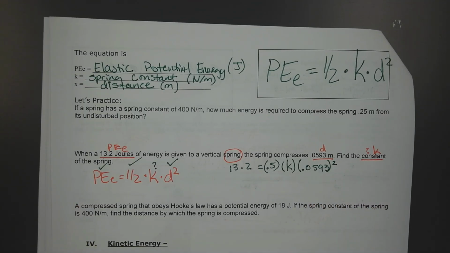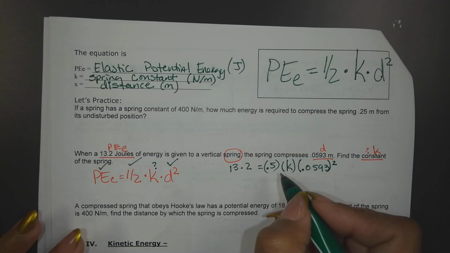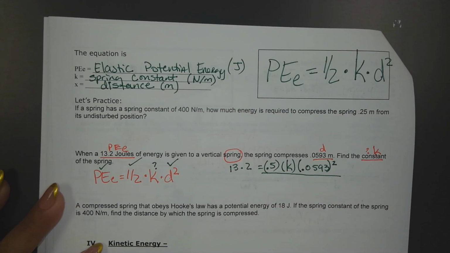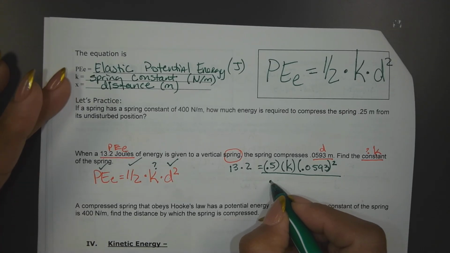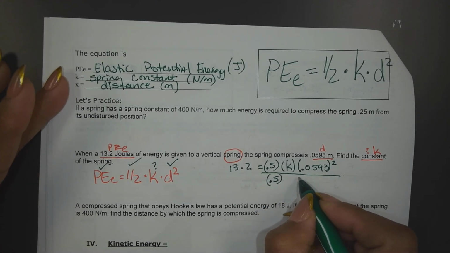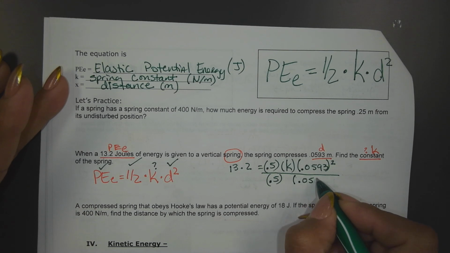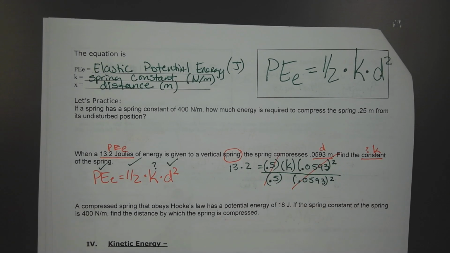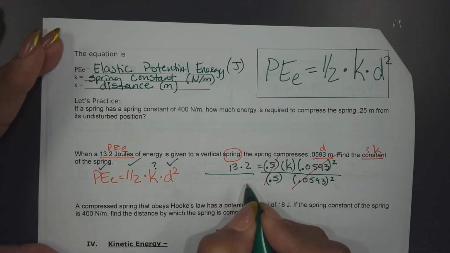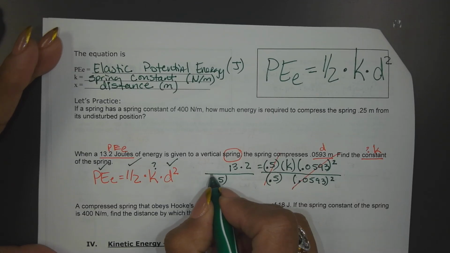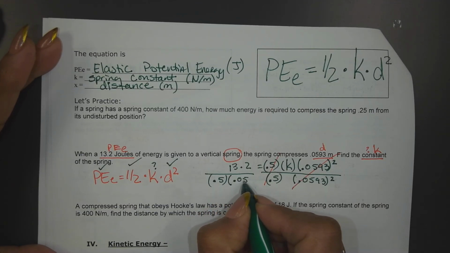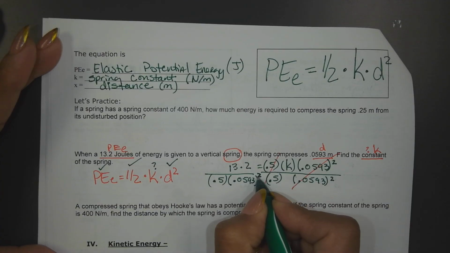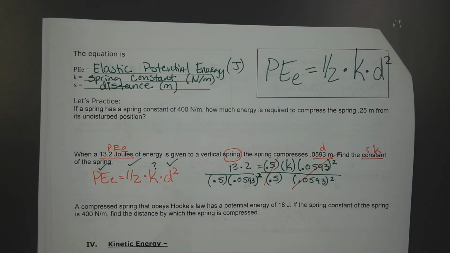All right, we're just doing basic algebra. Nothing hard. I need to isolate and get k by itself, so let's divide this side by 0.5, and I'm going to multiply this side by 0.0593 squared. Now I get to cancel those out. I'm going to do it to the other side as well, because what you do on one side, you've got to do on the other. 0.5 times 0.0593 squared, and that's going to give me my k value.